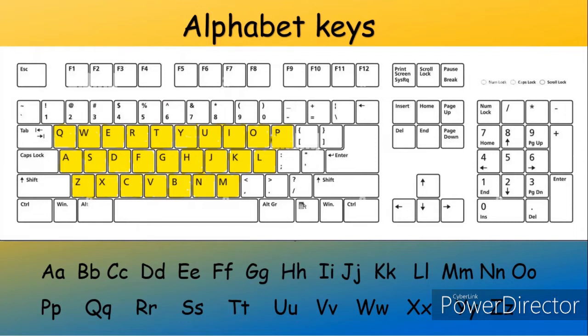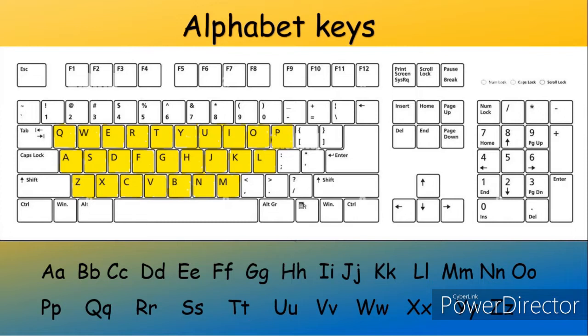First, we will look at the alphabet keys. That is, where are the alphabets on the keyboard? For a pupil to understand where a specific alphabet is on the keyboard, he must know how to write the alphabet in uppercase.